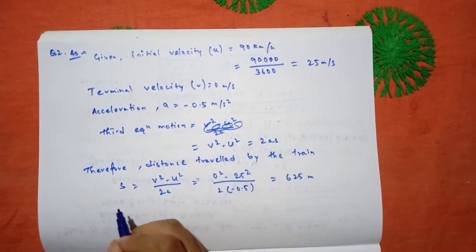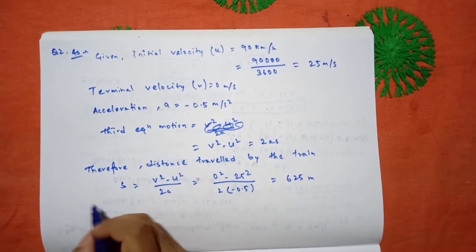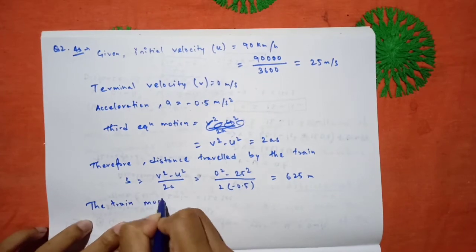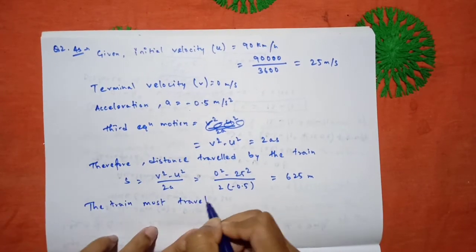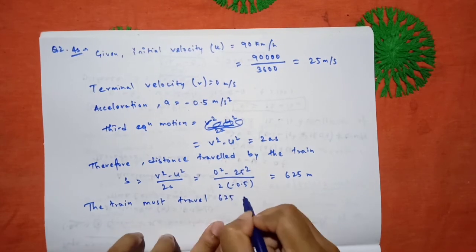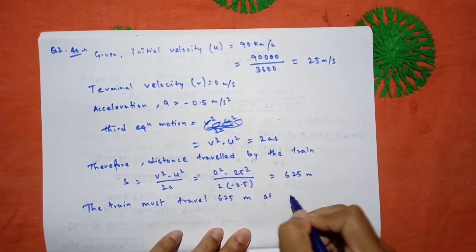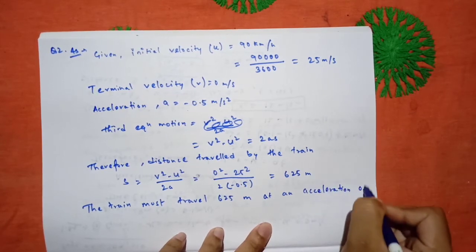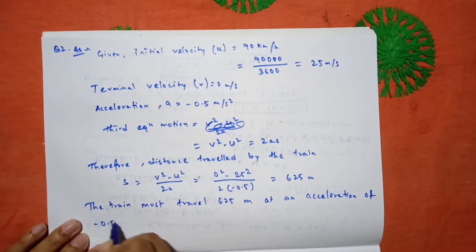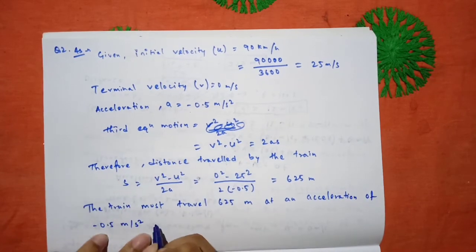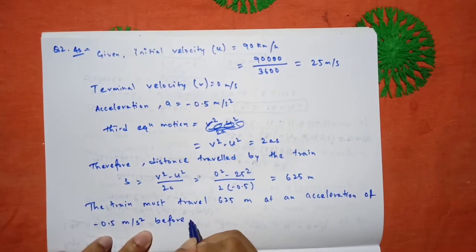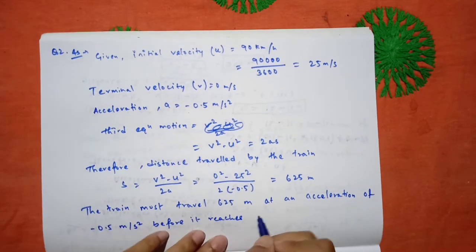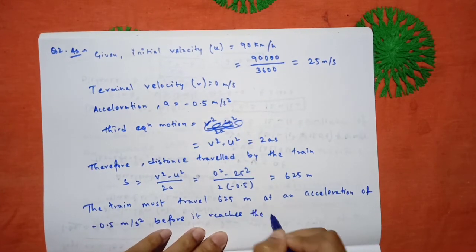So the conclusion is the train must travel 625 meters at an acceleration of minus 0.5 meter per second square before it reaches the rest position.